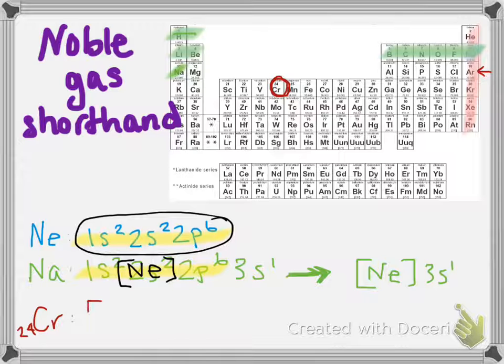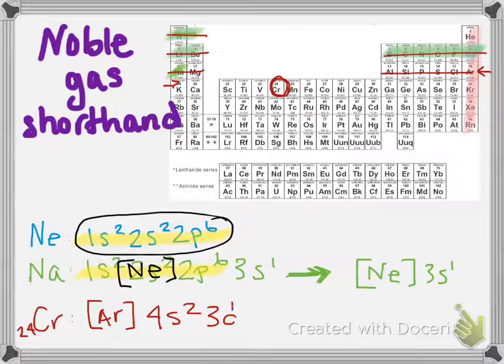So I put argon in brackets, and when I put argon in brackets, that represents everything that I'm crossing out right now: 1s2, 2s2, 2p6, 3s2, 3p6. Which means that if I've represented my electron configuration up until that point, I just continue with the rest of the electron configuration.